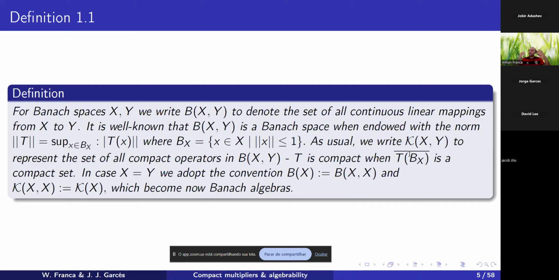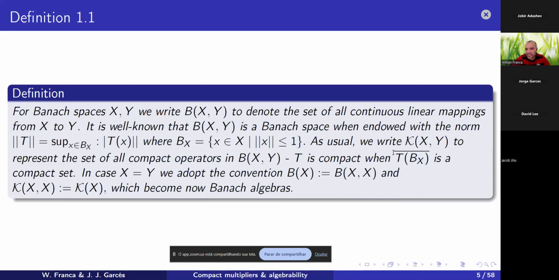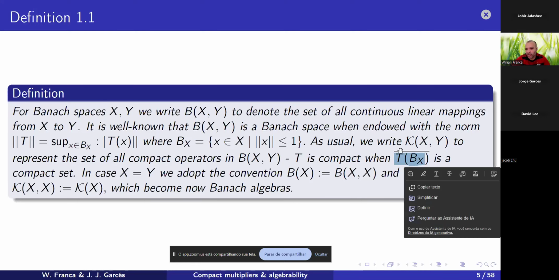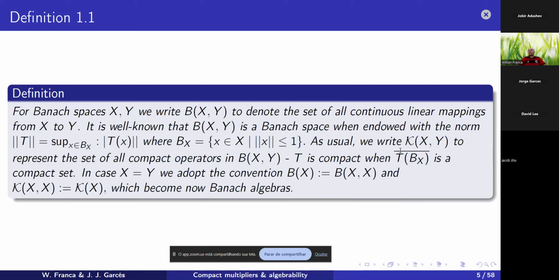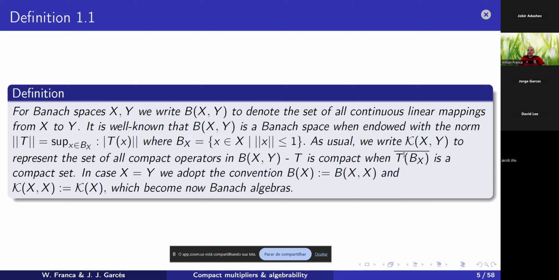In a similar fashion, we can define weakly compact operators. Because T(B_X) is a convex set, we can also consider the same norm closure; we don't have to consider the weak closure. So the only difference now is that we ask for this set to be weakly compact. That makes our lives a little bit simpler.